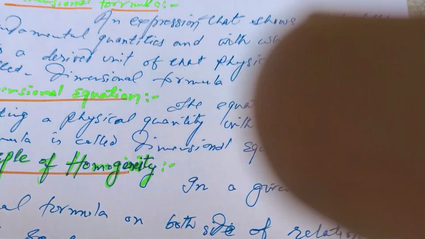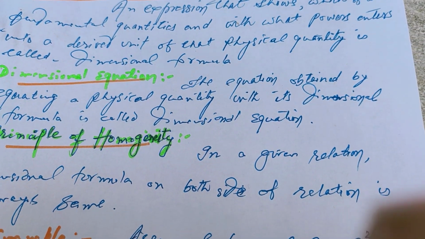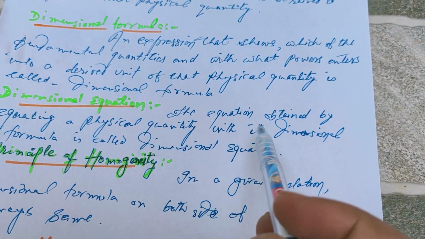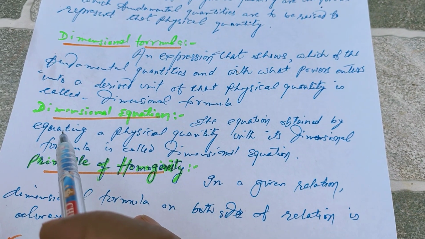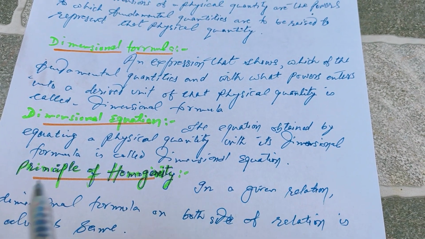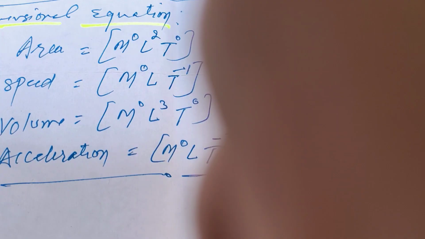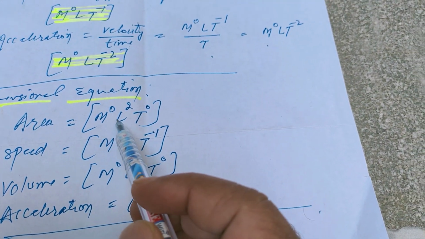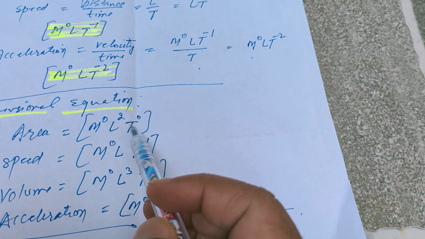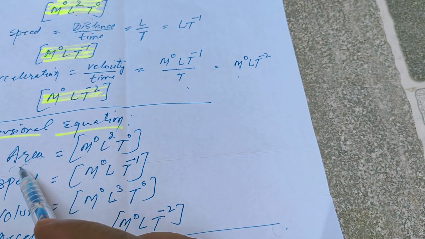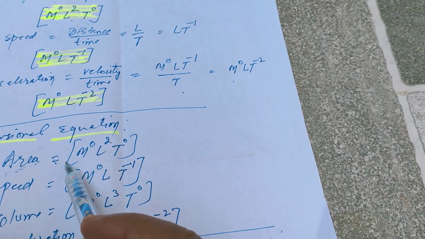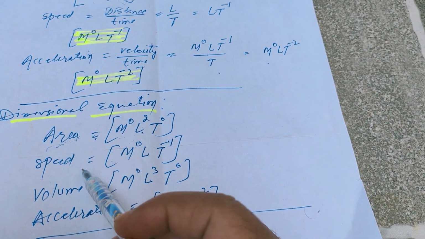The third thing is dimensional equation. It is the equation obtained by equating the physical quantity with the dimensional formula. Simply, I have derived the dimensional formulas. For area, I have written M0 L square T0. Now this is the physical quantity, and it is equated with its dimensional formula.